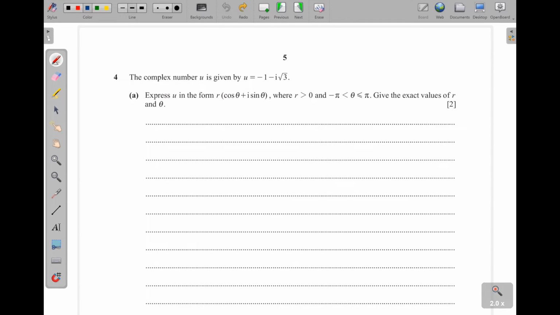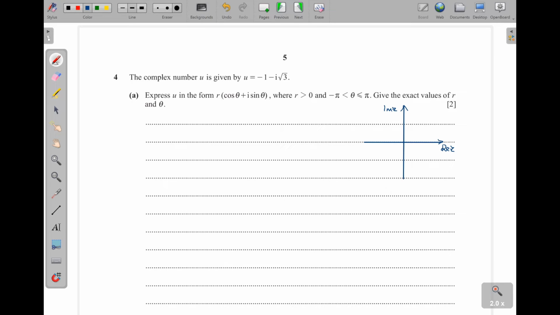Now, before you find the argument of any complex number, always first find the quadrant within which it lies. Always do a sketch of the Argand diagram to see where it lies. So the vertical axis is the imaginary, and the horizontal one is the real.